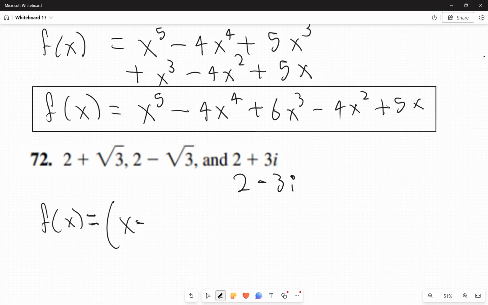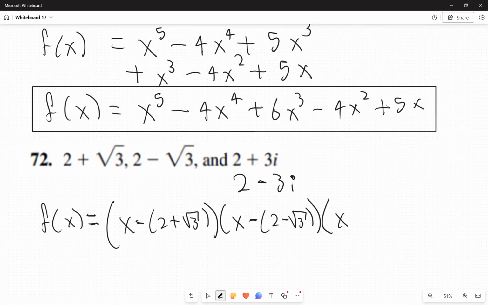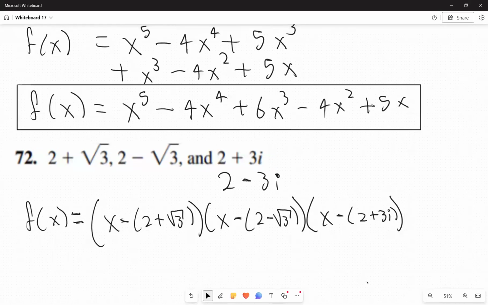This is x minus 2 plus square root of 3, times x minus 2 minus square root of 3, times x minus 2 plus 3i, times x minus 2 minus 3i.